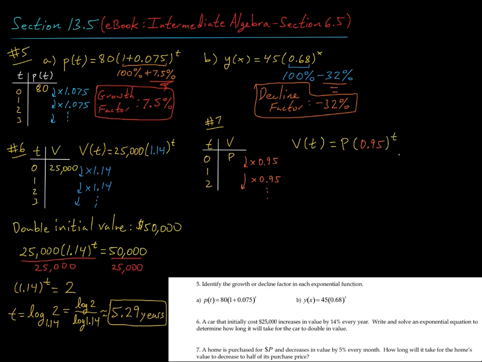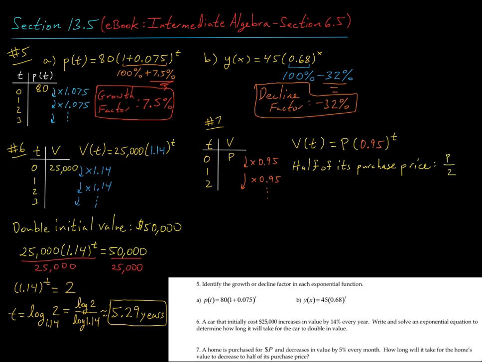Okay, and what do we want? It says, how long will it take for the home's value to decrease to half of its purchase price? So half of its purchase price will just be P divided by 2.